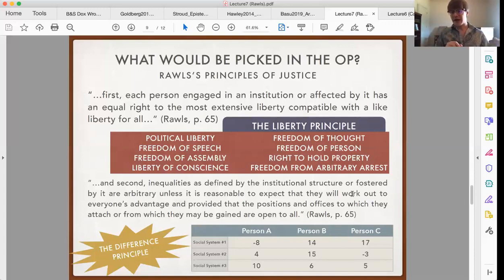So given that, let's say that one of the facts about our society, suppose we're in the original position, is that 99% of the people in our society adopt one religion and 1% adopt some other religion, right?